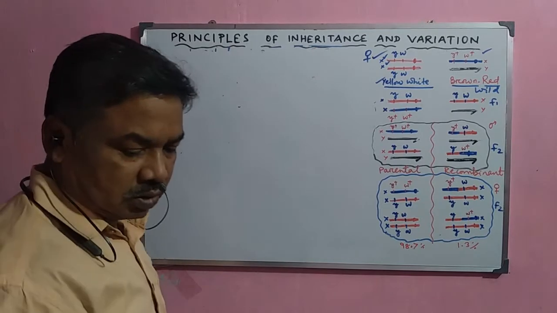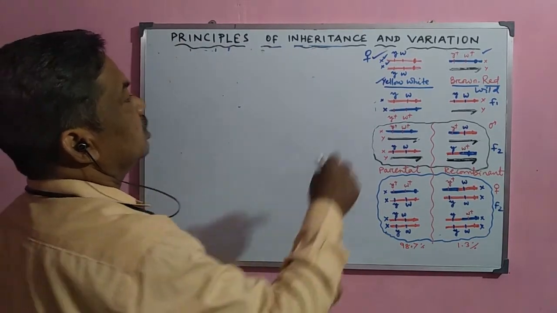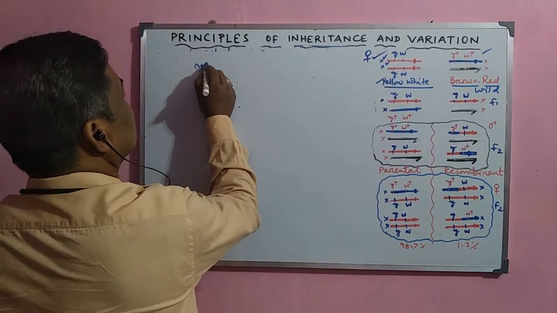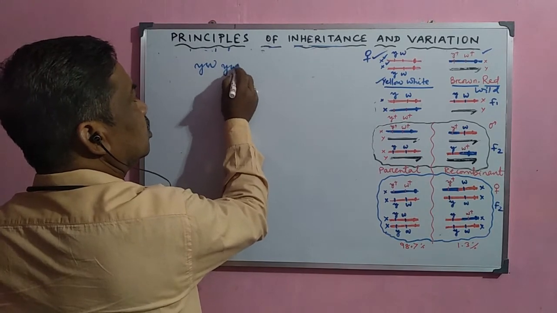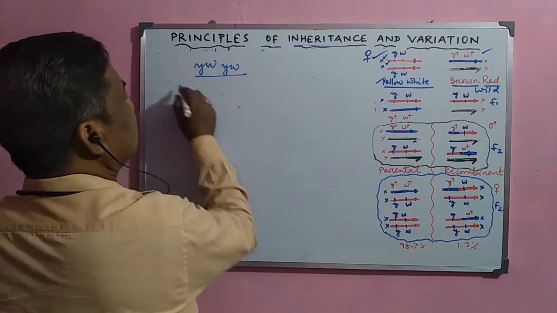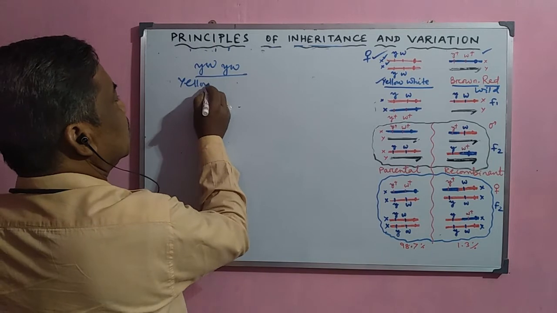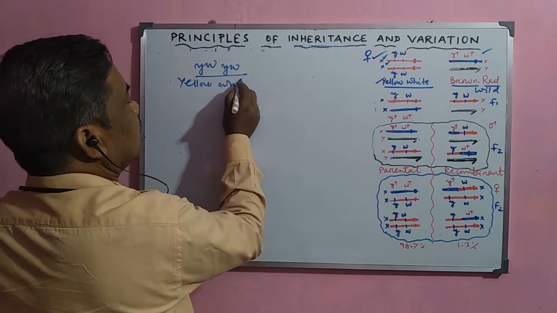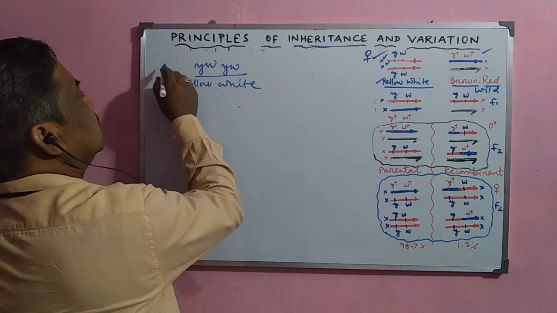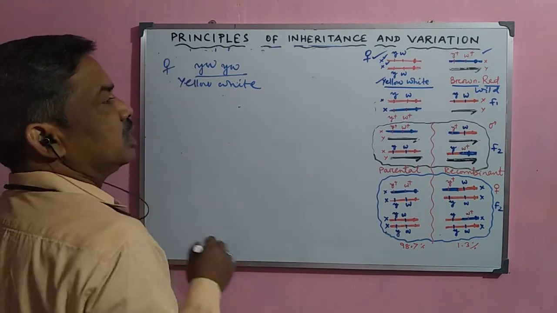Now in the genotype, the first case is YW and another also YW, and it is called yellow-white type, because these are the females.